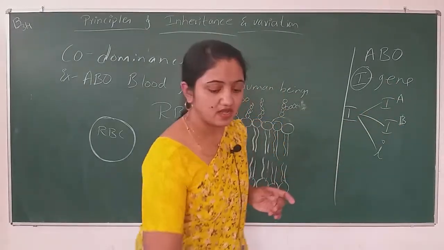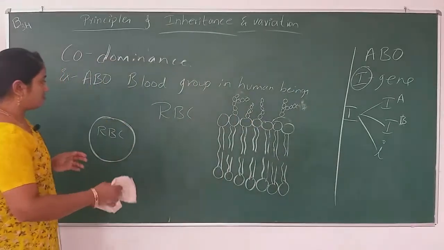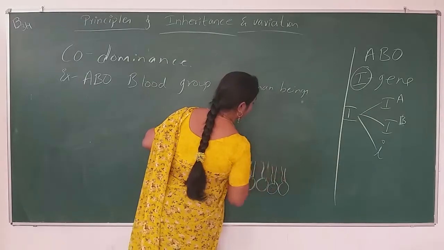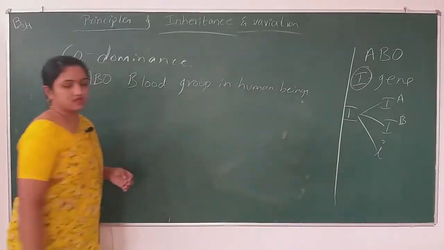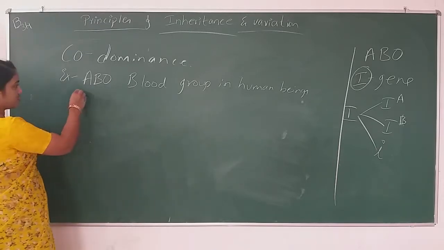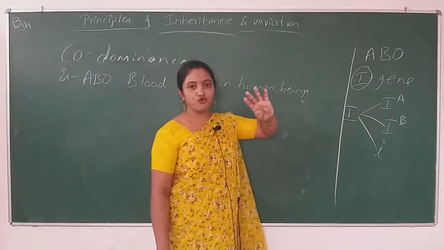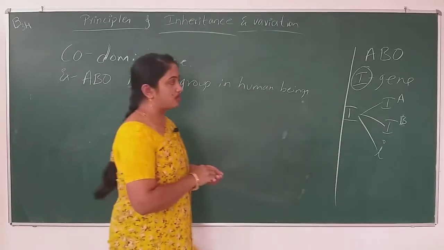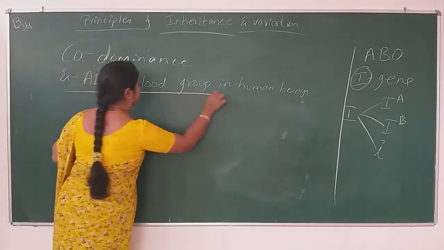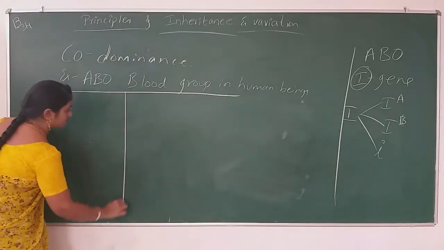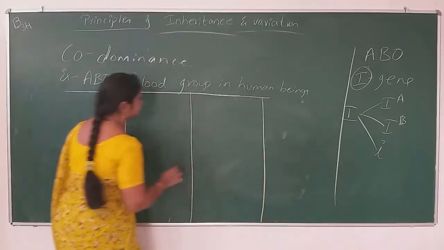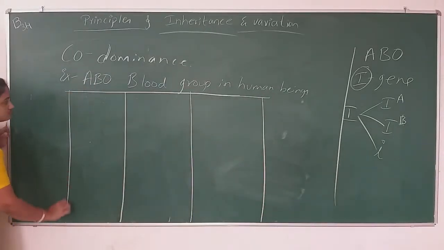We will check that by putting it in a table. I am going to write the possible genotype and phenotype of human beings. 3 alleles, 4 types of blood group. We will list out the possible genotypes and phenotypes. Put 4 columns.